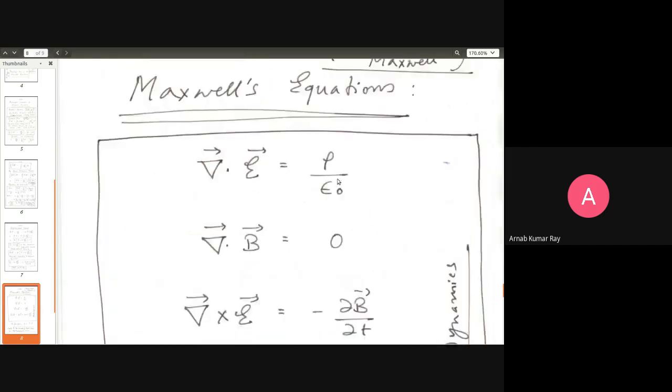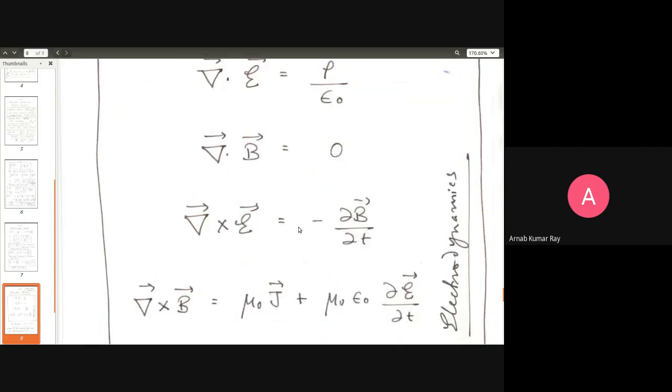Divergence of E is equal to rho by epsilon naught. We had this earlier when we talked about electrostatics and magnetostatics. Divergence of B is equal to 0. We discussed this earlier again when we talked about electrostatics and magnetostatics. When we talked about electrostatics, now you note please, we said curl of E is equal to 0.